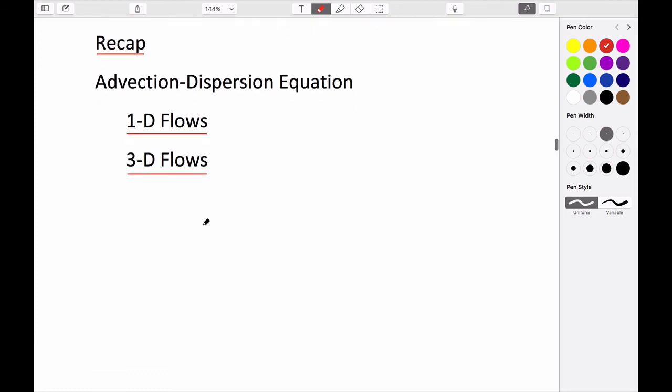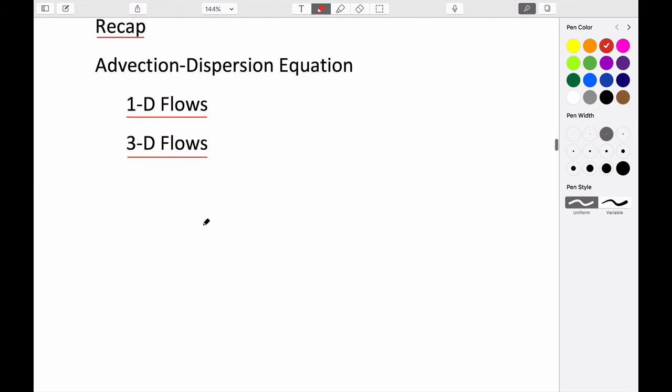So to recap, you'll remember that we were talking about the advection-dispersion equation. And we made the point that we don't necessarily need to understand the derivation of that, but it is useful to be able to understand exactly what the characteristics of that are.